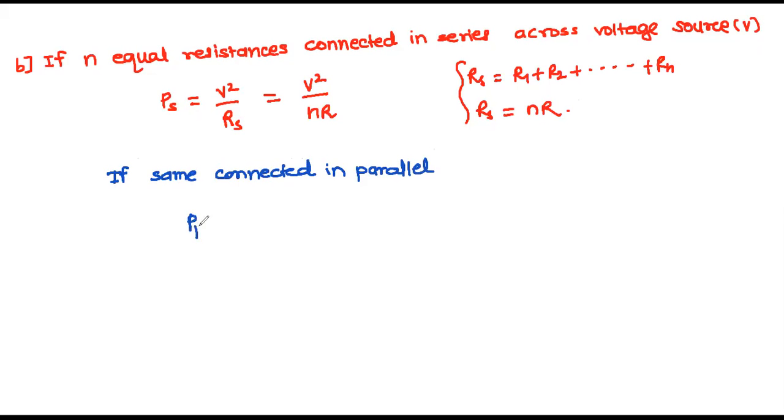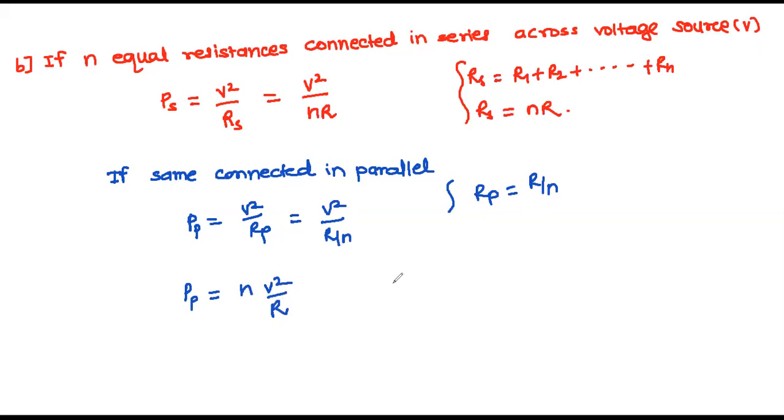So obviously here power in parallel combination is equal to V square by Rp. You know Rp for equal resistors is R by N. Substitute here, V square by R by N, and therefore power in parallel combination is equal to N into V square by R.